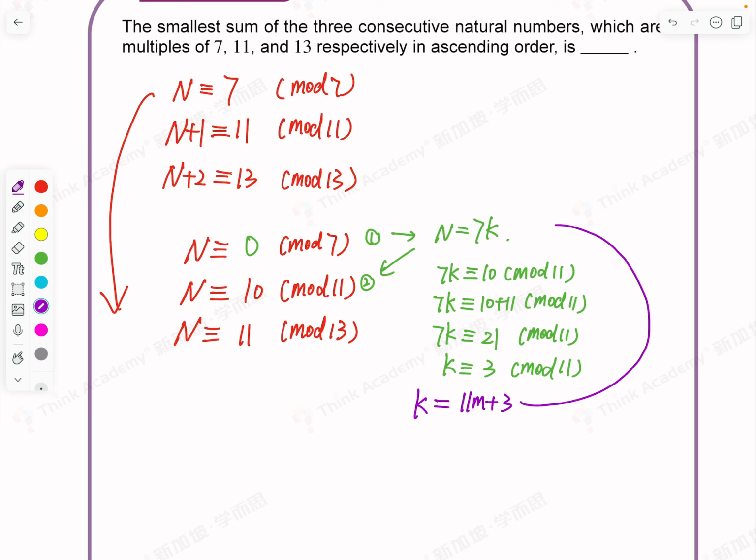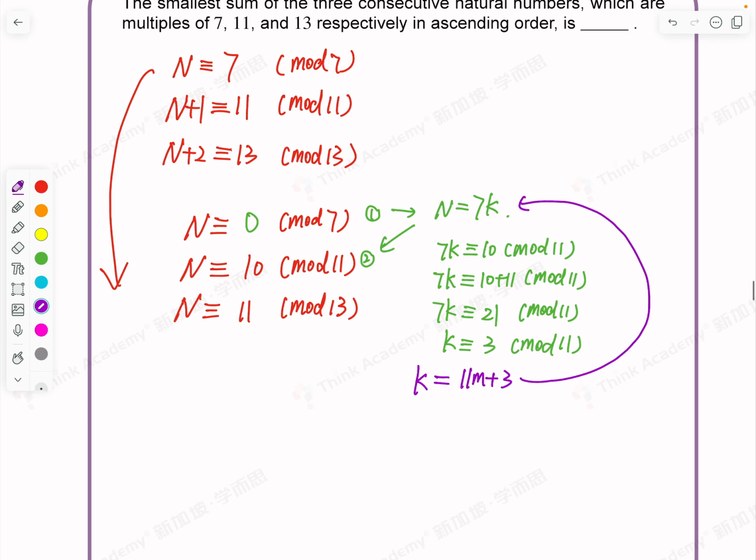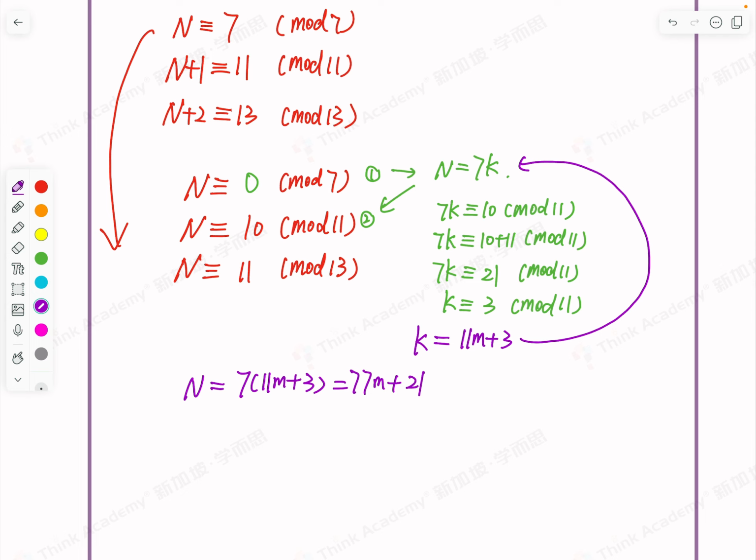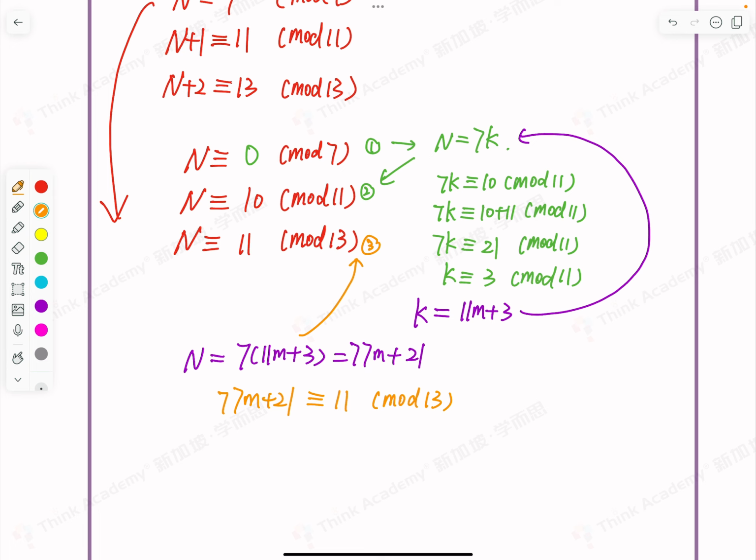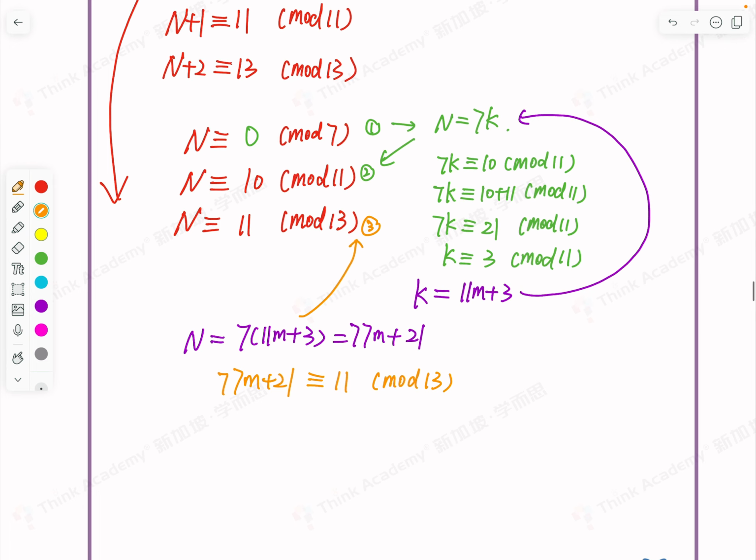Let's take the place of 11m plus 3 into this n. So I can see n equals to 7 times 11m plus 3 equals to 77m plus 21. So now let's take the place into condition 3. So it will become 77m plus 21 congruent to 11 if I mod 13. So yeah, let's try to separate them. 77m, right?